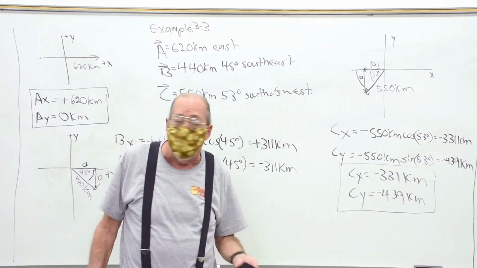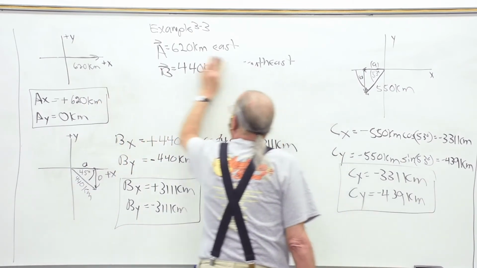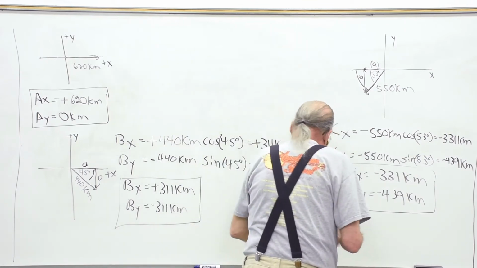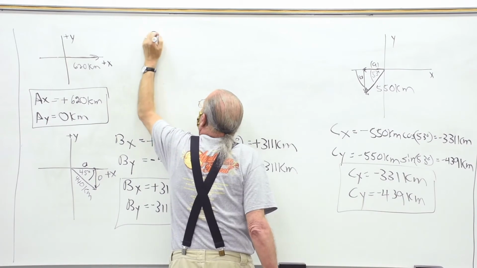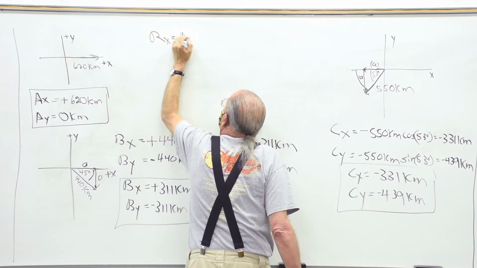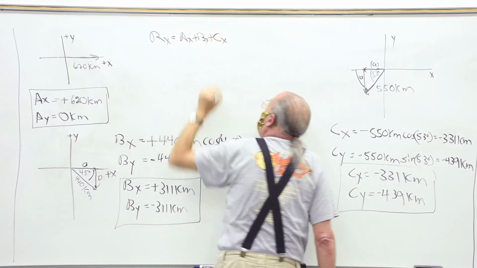Now what do you do? Once you have all of the components of the vectors, the x component of the result is the sum of the x components.